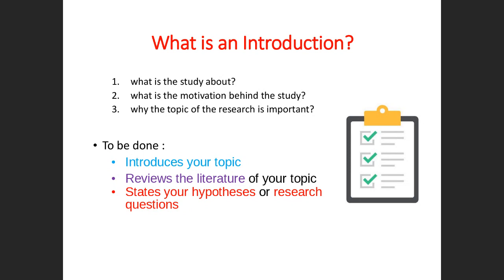Also, it helps the reader understand what the topic of the research is and why it is important. So in your introduction, make sure that you introduce your topic very well, review the literature about your current topic, and state the hypothesis or a research question. Sometimes people write it as a hypothesis, others write it as a research question, and then they answer it in the results section.